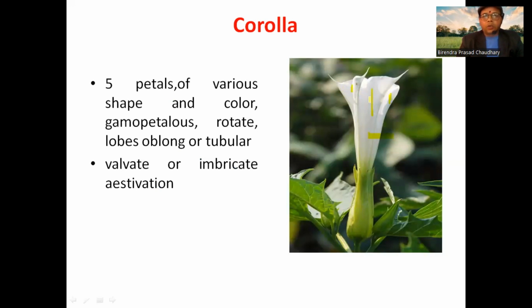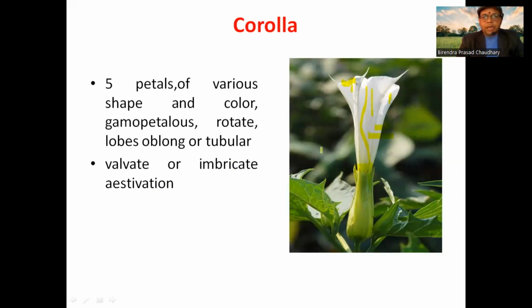They are rotate, means in the round shape. They have lobes, like this one. You see that this is the lobe. Oblong or tubular, they are found in the form of tube-like structure too. Here, this is the flower of datura, which has the tubular form of petals, and these are gamopetalous.